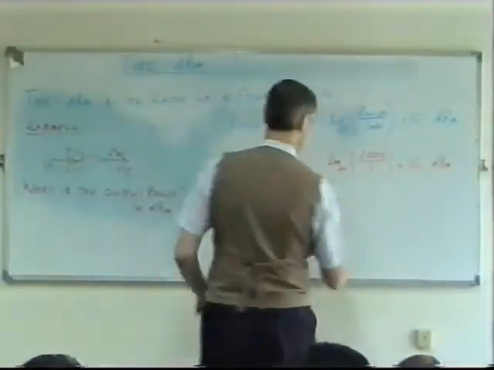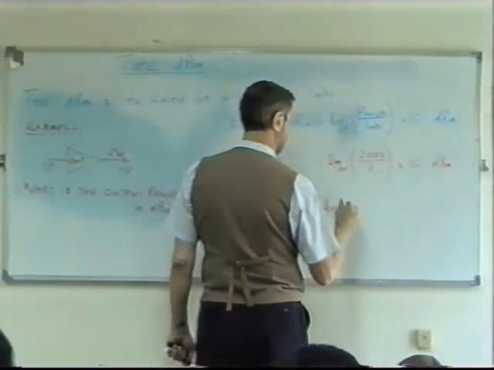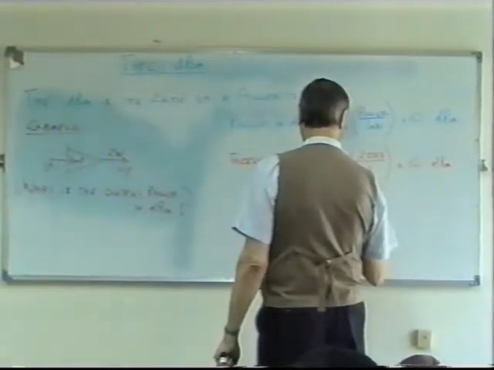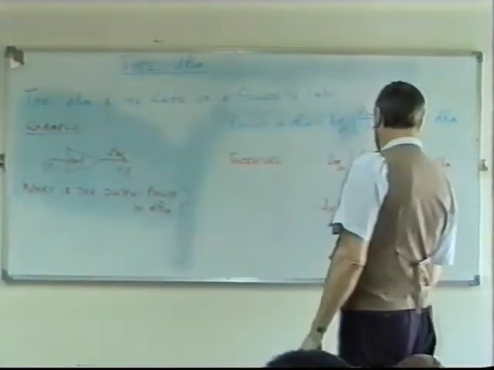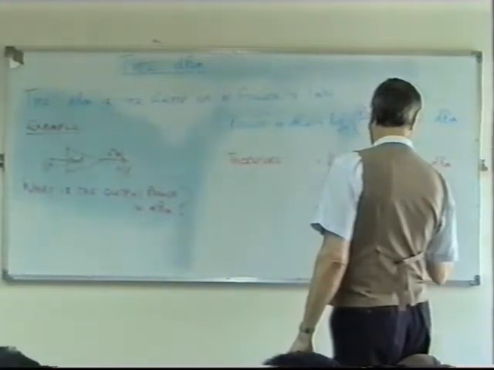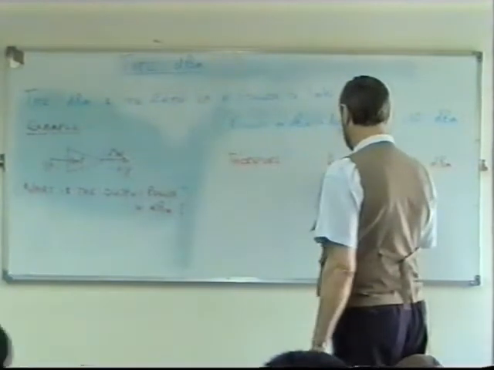I'm going to split it out a bit here. That's equal to the logarithm to the base 10 of 1,000, plus the logarithm of 2, isn't it?